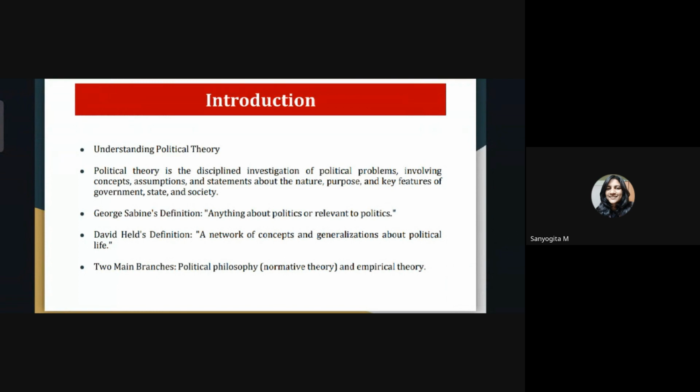Then onward, the field of political science decided to study the behavior of the people, because these are the people who actually influence the decision makers and decision implementers.